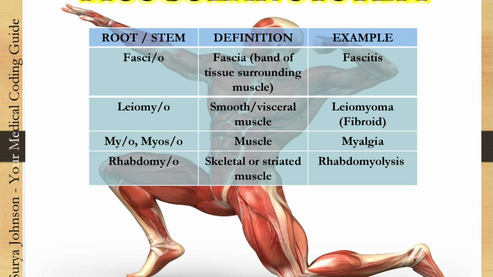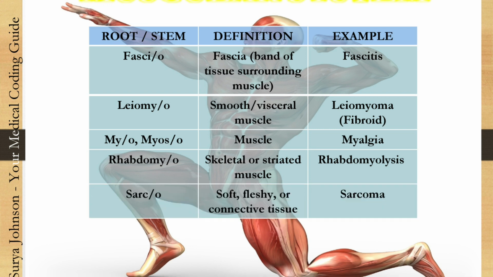The next one is rhabdomyo. Rhabdomyo means your skeletal or also known as your striated muscle. Example, rhabdomyolysis. It means the destruction of your skeletal muscle. The next one is sarco. It means soft, fleshy or your connective tissue.